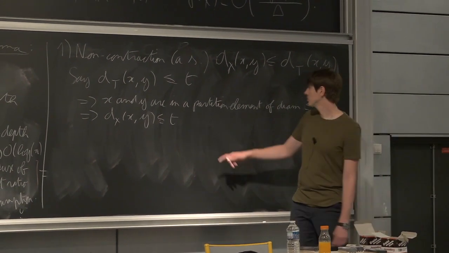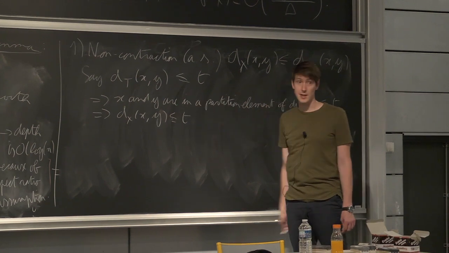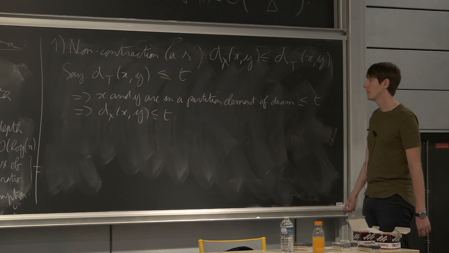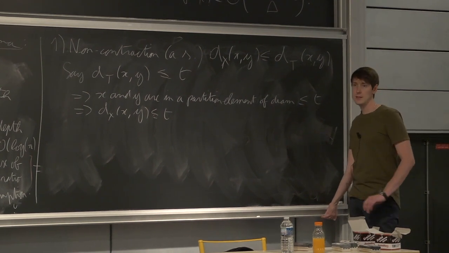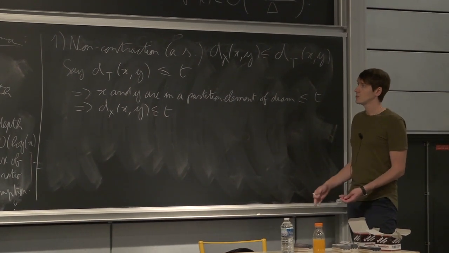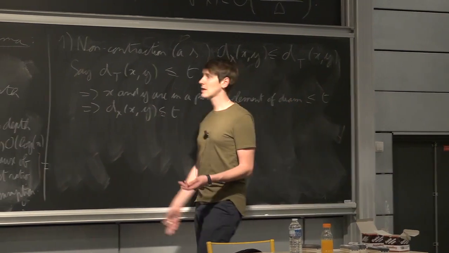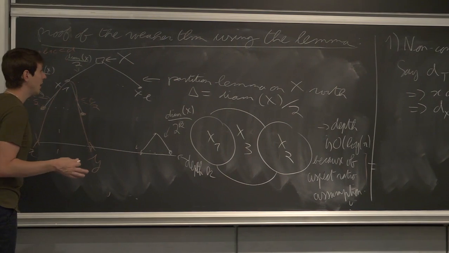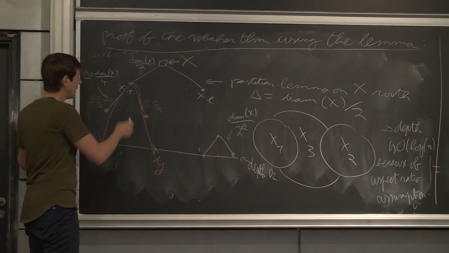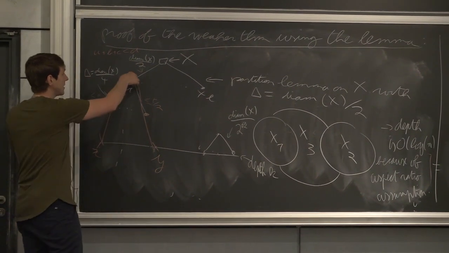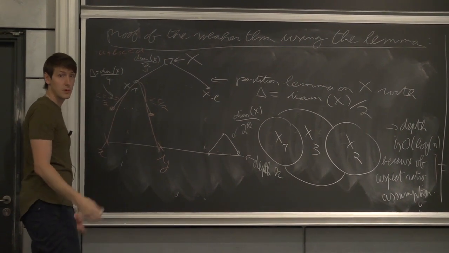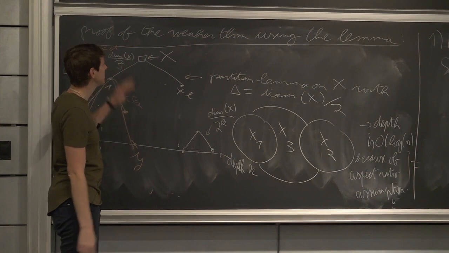So this guy is smaller than that one. Any upper bound on the first one is valid for the second one. Basically what this is saying is that this type of construction is always going to be non-contracting, as long as you have these elements which have small diameter. This is not using the lemma at all.